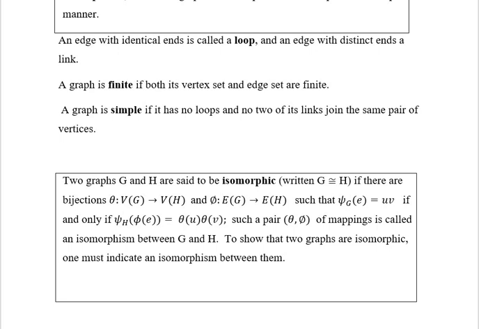That is, two graphs G and H are said to be isomorphic if there is a one-to-one correspondence between their vertices and between their edges such that their incidence relation is preserved.